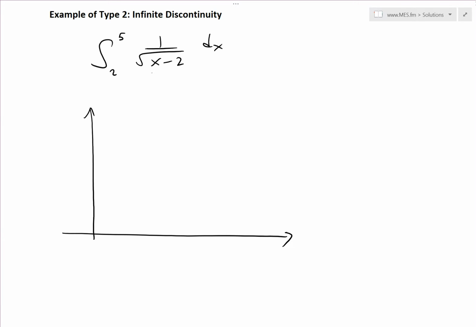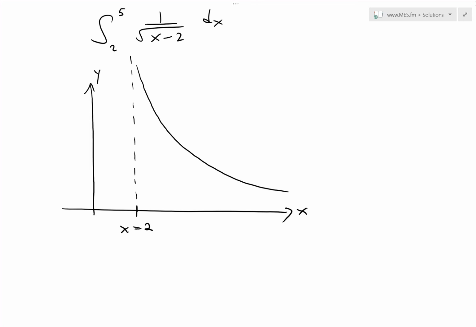If you graph that function, it looks something like this. As x gets larger and larger, you're dividing by larger numbers, so it gets smaller and smaller. But at x equals 2, there is an asymptote line, and the curve goes up along it, and then gets smaller and smaller. Here is our 5.